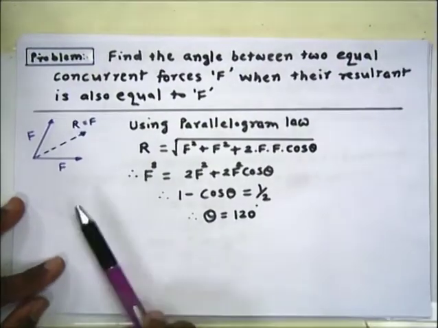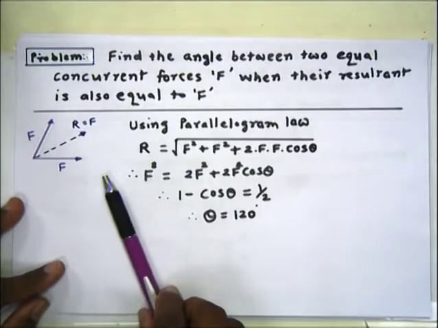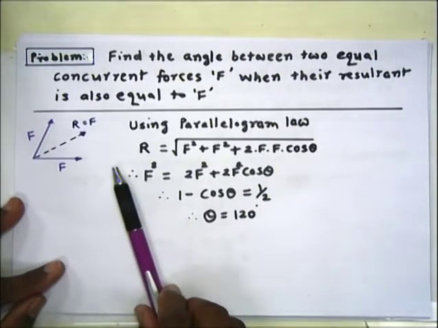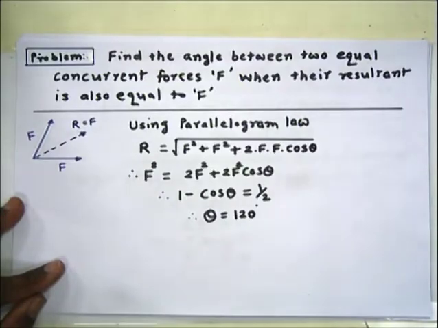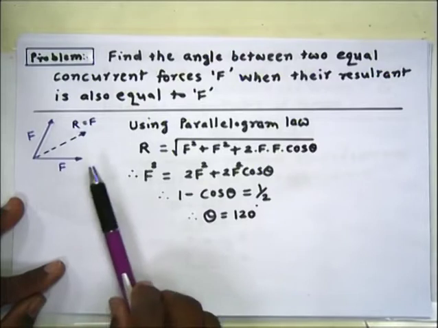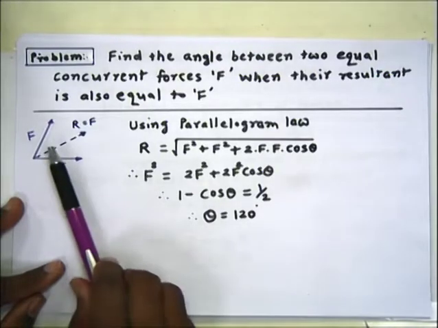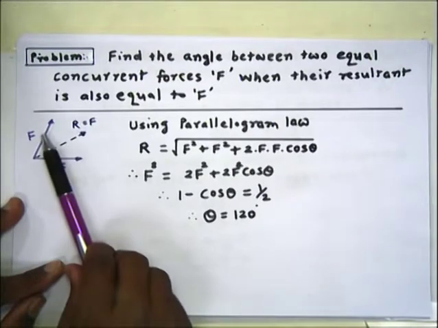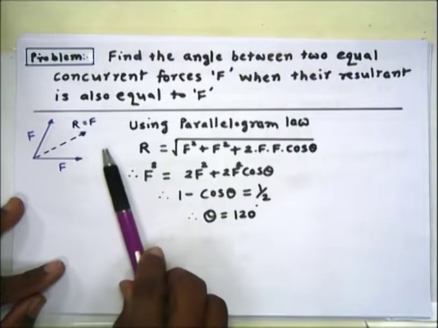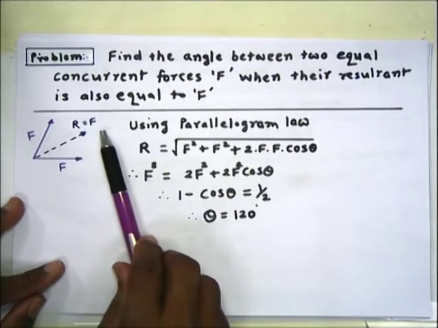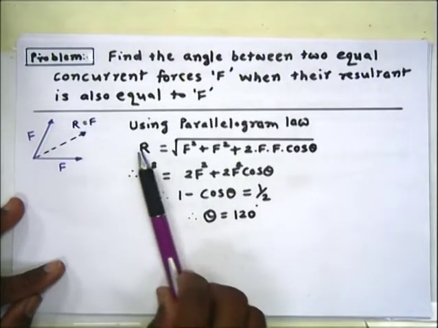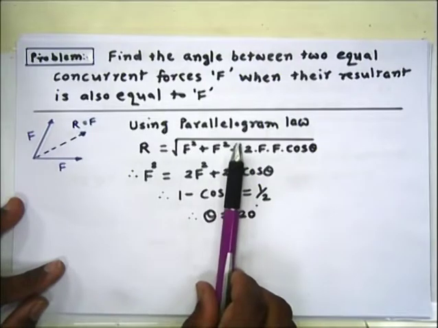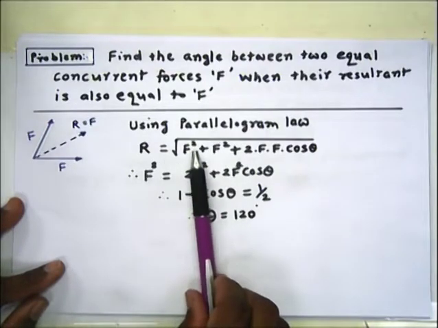The next problem asks to find the angle between two equal concurrent forces F when their resultant is also equal to F. So what is given? Two forces having the same magnitude F and F, and their resultant is also F. Now using parallelogram law, R is given by this formula.